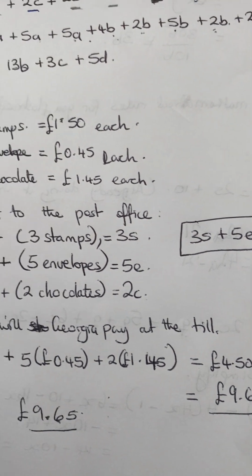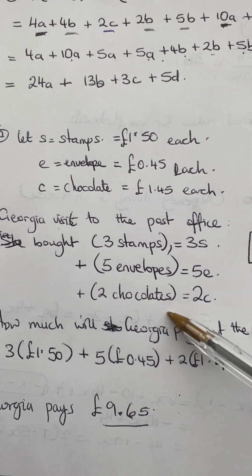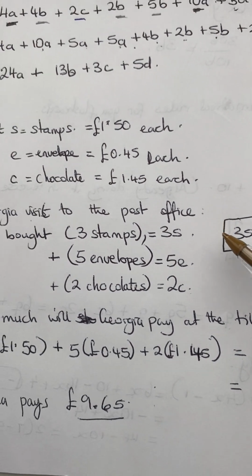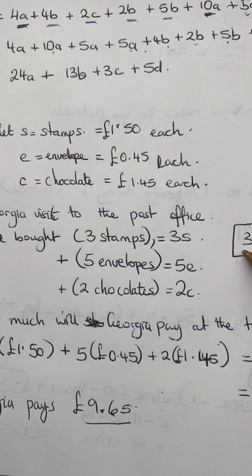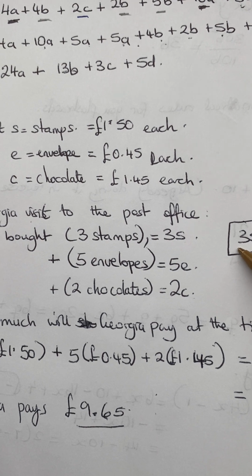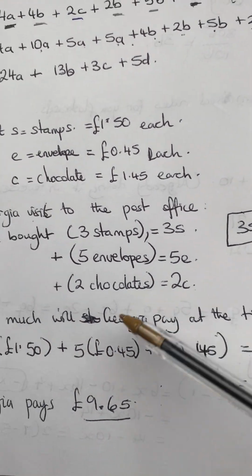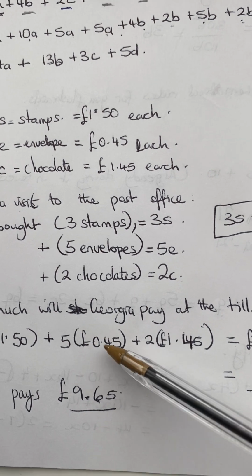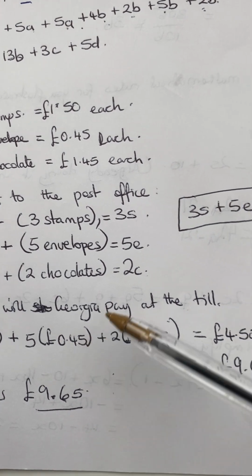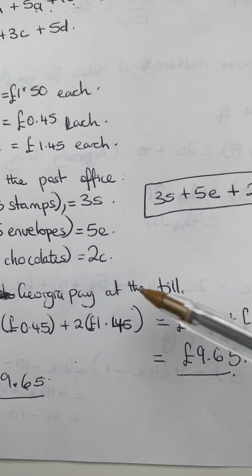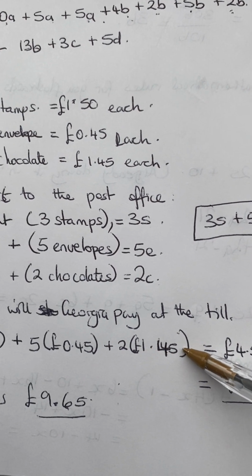Okay, now how much will Georgia pay at the till? So you need to multiply 3 times £1.50, add 5 times 45 pence, and add 2 times £1.45.